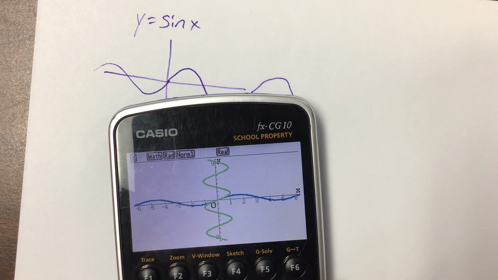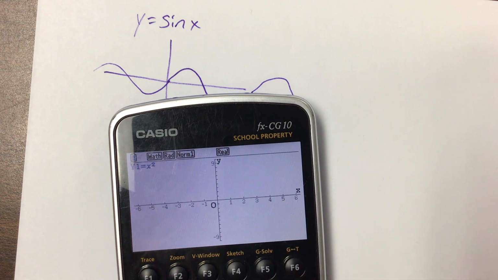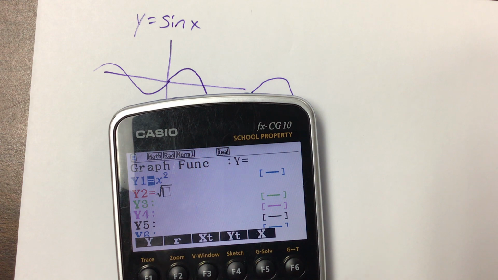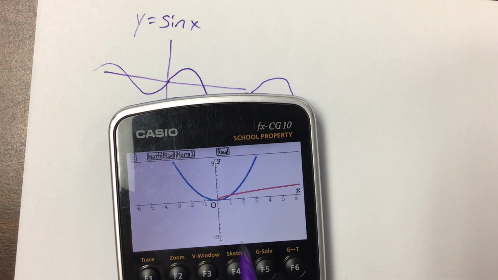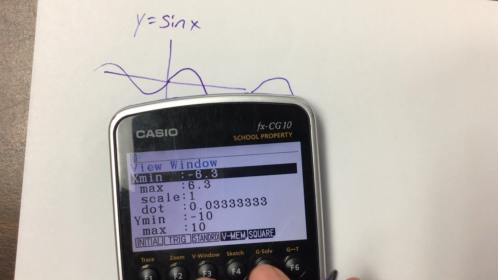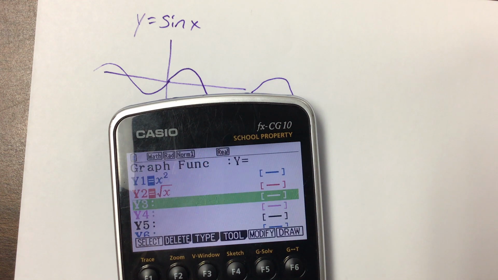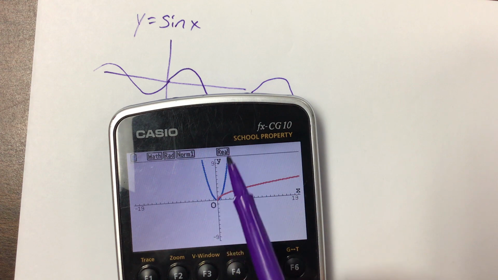If you remember, when we had done something like x squared, here's our graph. If I sketch the inverse, I get something like that. However, if I have it graph just the square root of x, what that has done is it's restricted the domain of the original.